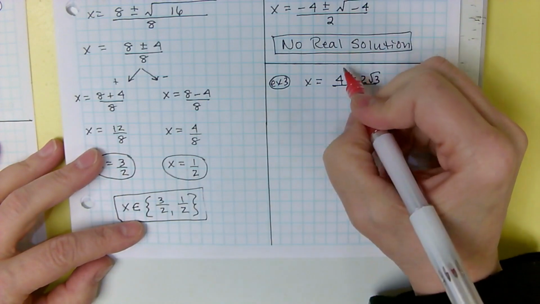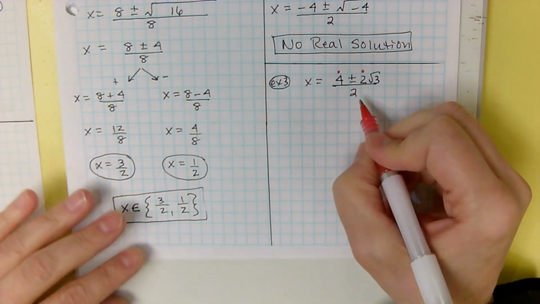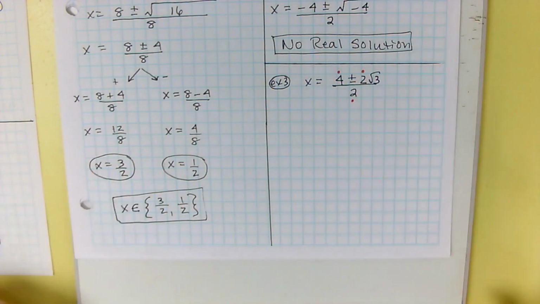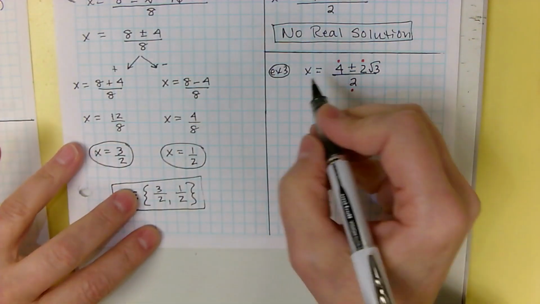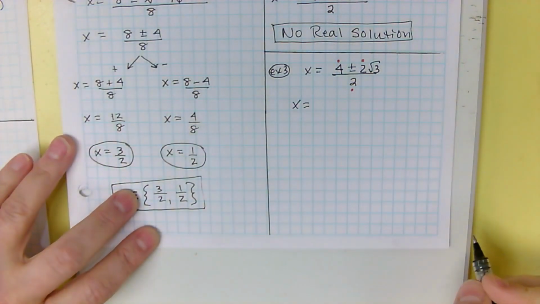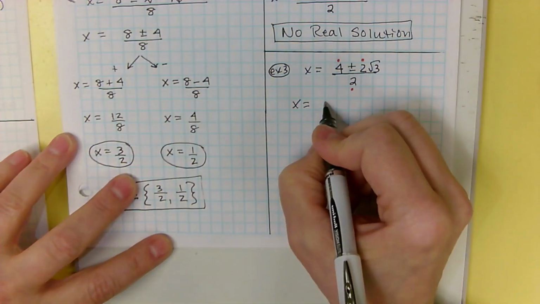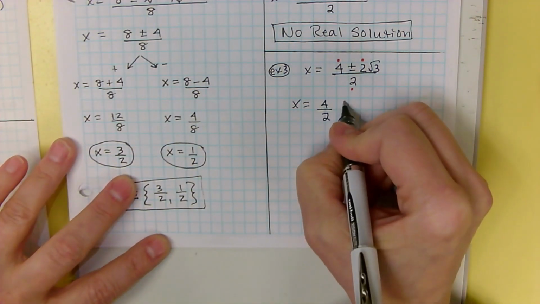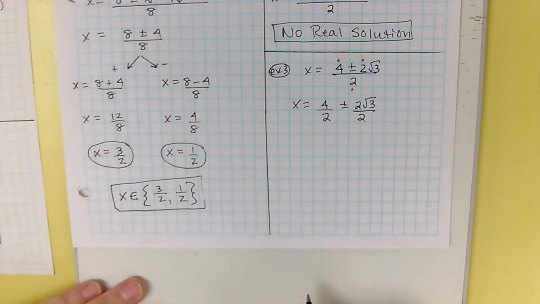If you can divide the same number out of the first term, the scalar term, and the bottom term, you have to do that to simplify. So there's a couple ways to do this, but I think the most straightforward is just to split the two top terms over their own 2. So 4 over 2 plus and minus 2 radical 3 over 2.